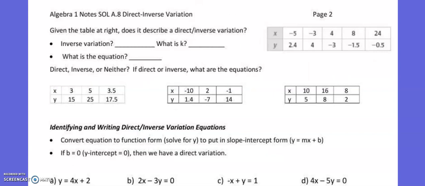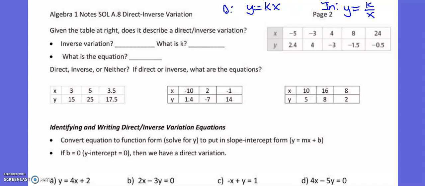Given the table at the right, does it describe a direct or an inverse variation? So in this table, I either have a direct variation, y equals k times x, or I have an inverse one, y equals k over x.